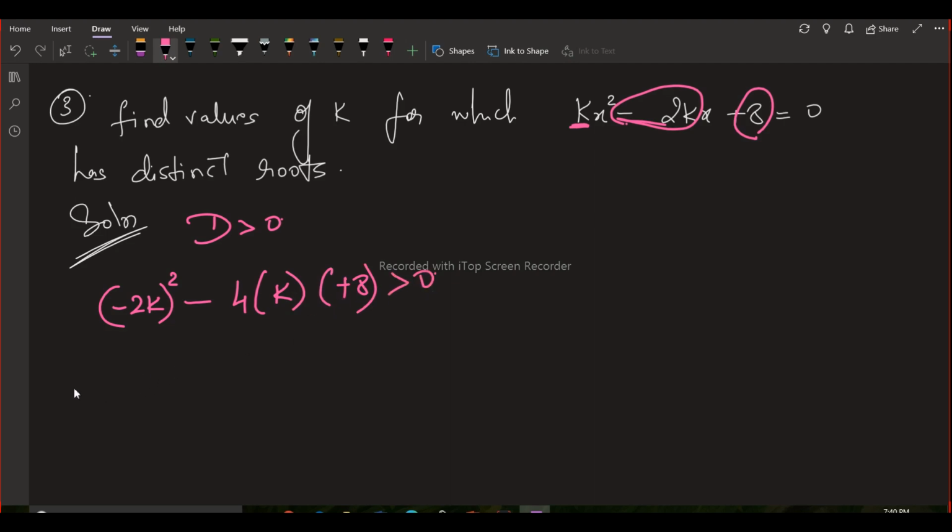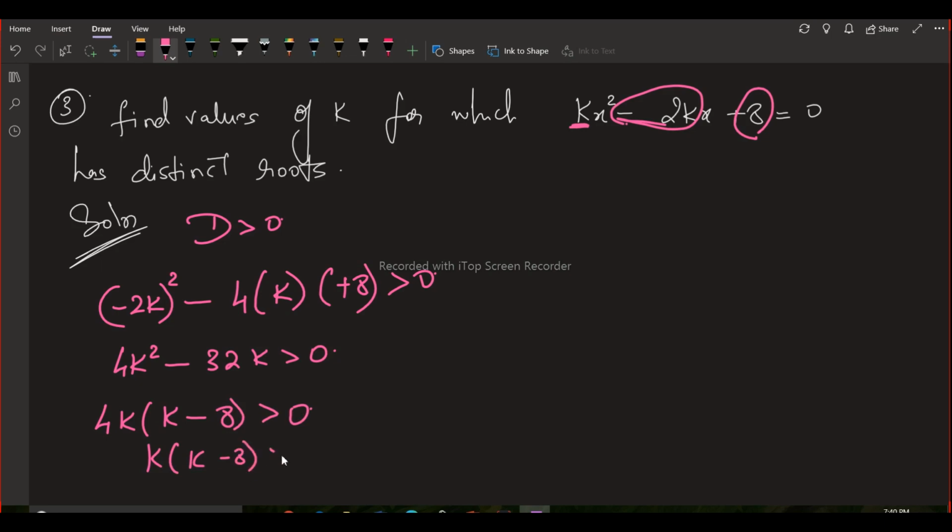So you get 4k square minus 4 into 8, so 32k greater than 0. Now you take 4k common, so you end up getting k minus 8 greater than 0. And now you can write this as k into (k minus 8) greater than 0.